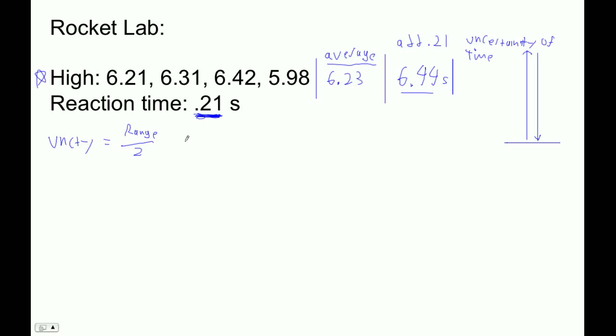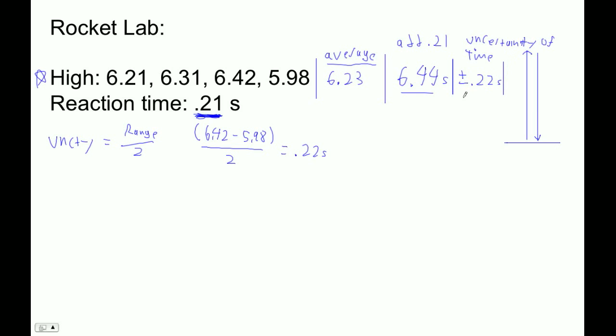Our range is the highest one, 6.42, minus the lowest, 5.98, over 2. So parentheses 6.42 minus 5.98, divided by 2, and that's 0.22. So the uncertainty is plus or minus 0.22 seconds.